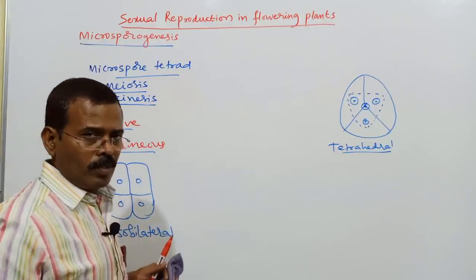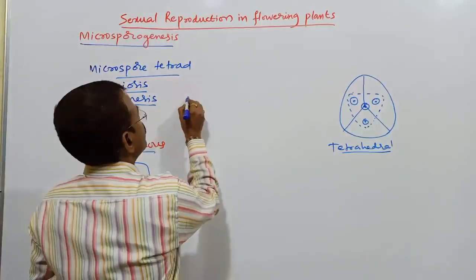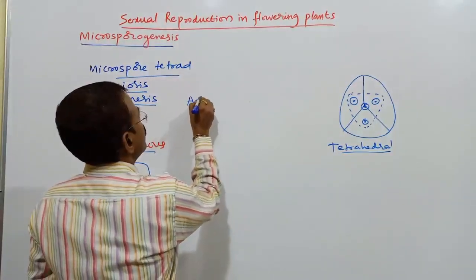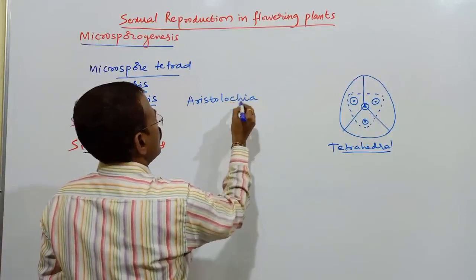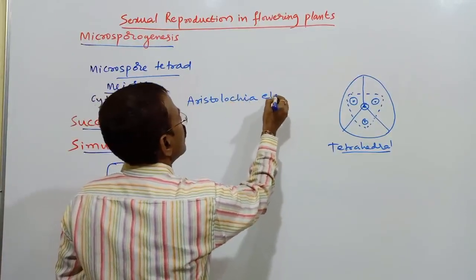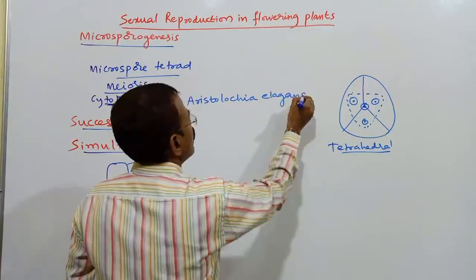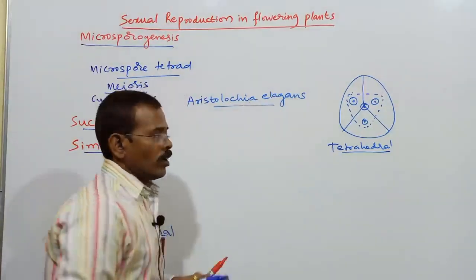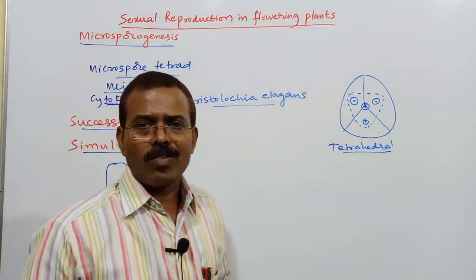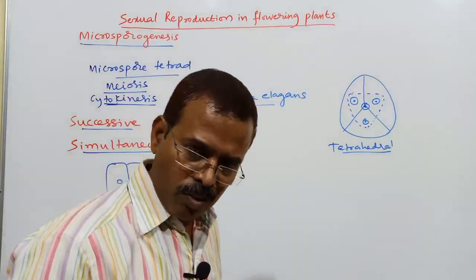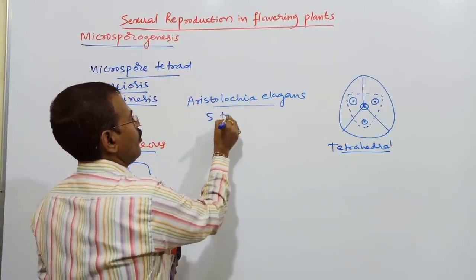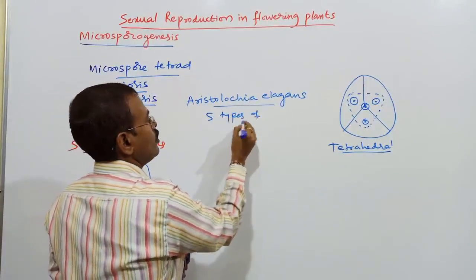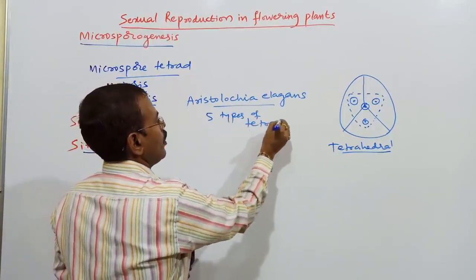Example, Aristolochia elegans. In this type of plant, we'll find 5 types of tetrad formation.